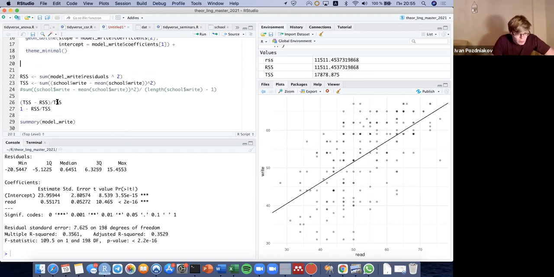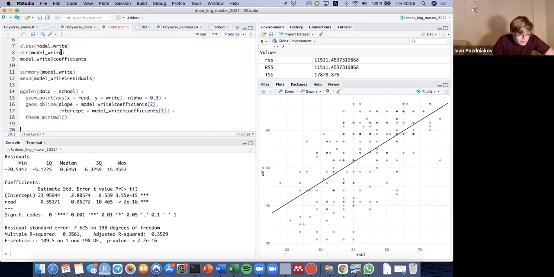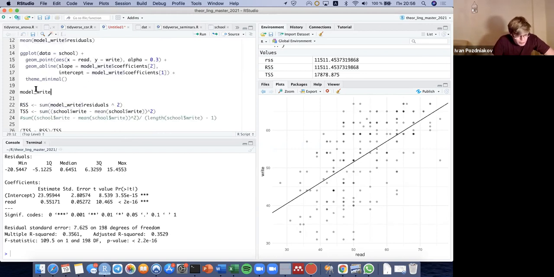Using this model object that we created, we can not only calculate p-values, R squared and so on, we can also do predictions.